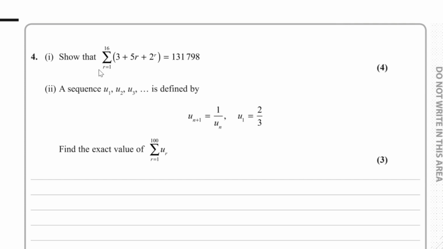Question number 4, for the first part we have to show that the sum from r equals 1 to r equals 16 of 3 plus 5r plus 2 to the power of r is equal to 131,798.